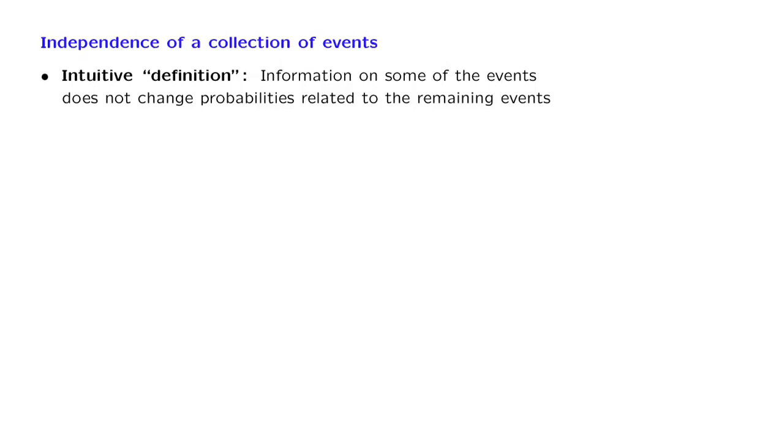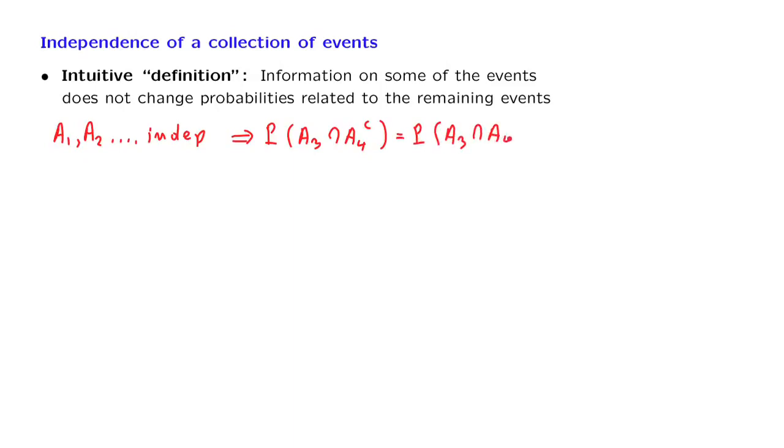For example, if I want to say that events A1, A2, and so on are independent, I would like relations such as the following to be true. The probability that event A3 happened and event A4 does not happen remains the same even if I condition on some information about some other events.